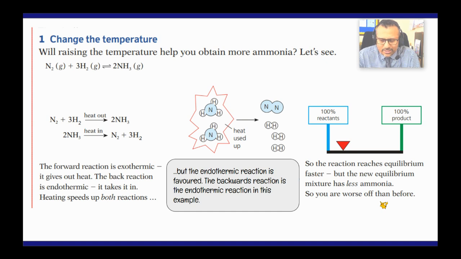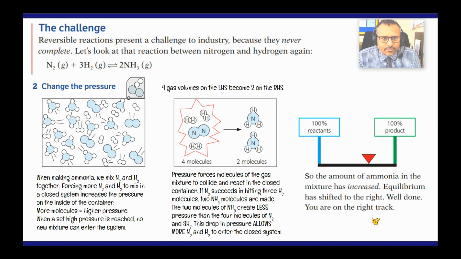What you'll need to do is find a compromise temperature, like Goldilocks's porridge, not too hot and not too cold. Okay, so we've dealt with temperature. You need it to be warm enough to start breaking the bonds, but not so high that you start encouraging the endothermic step, the reverse reaction.